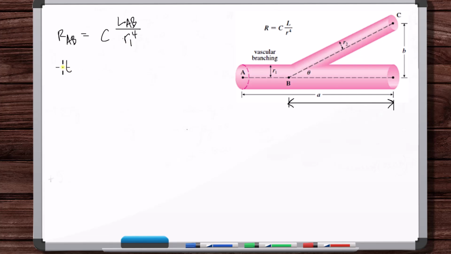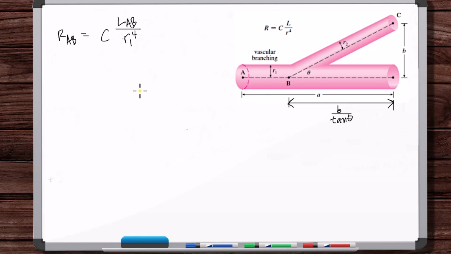So tangent of theta is equal to opposite over adjacent, b over that distance. Let's say this is x. So x is b over tangent theta, you see? So this is going to be b over tangent theta.